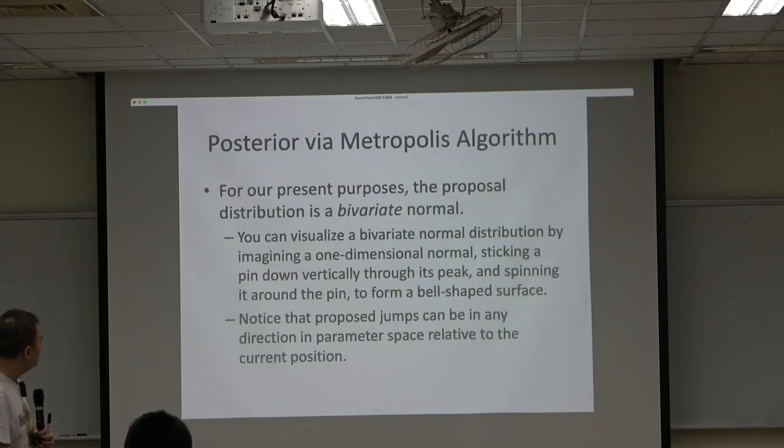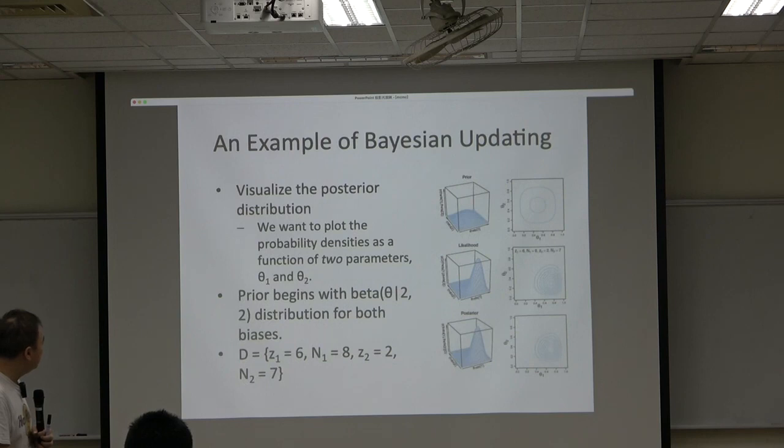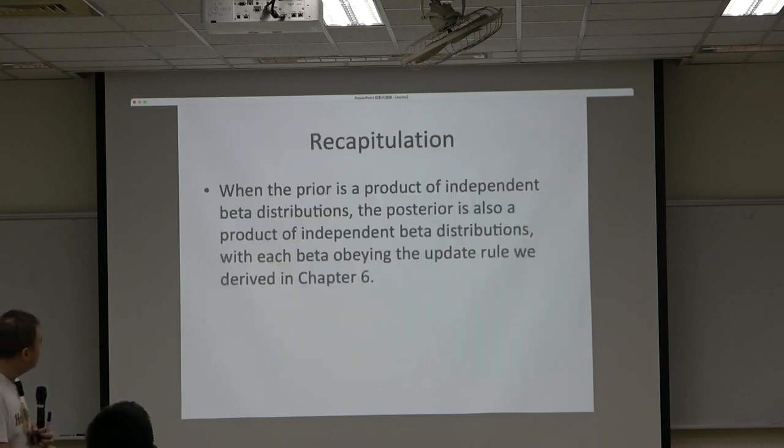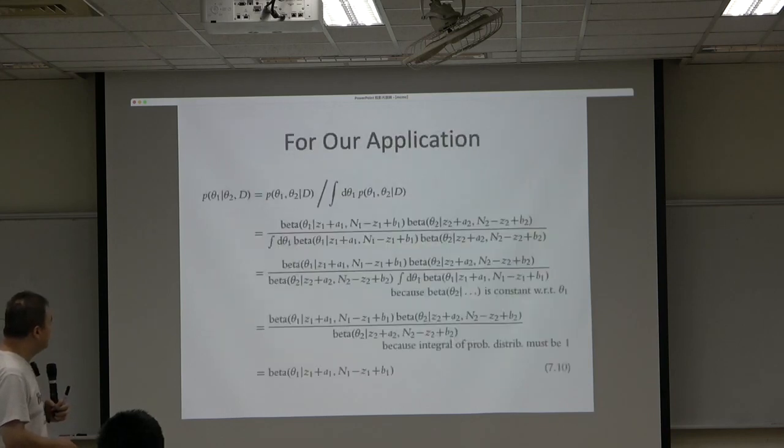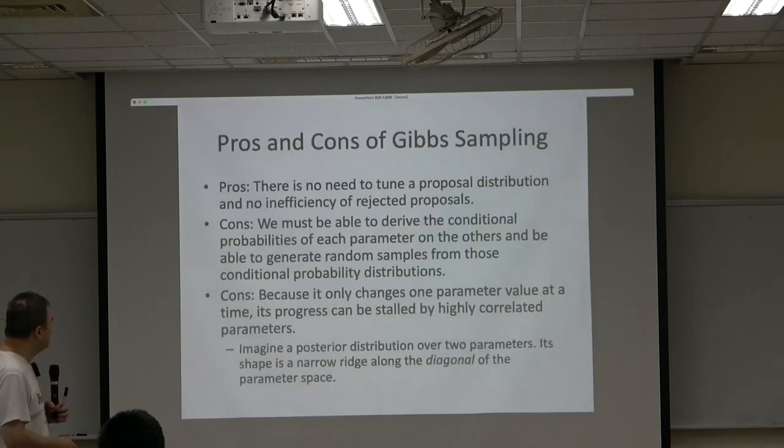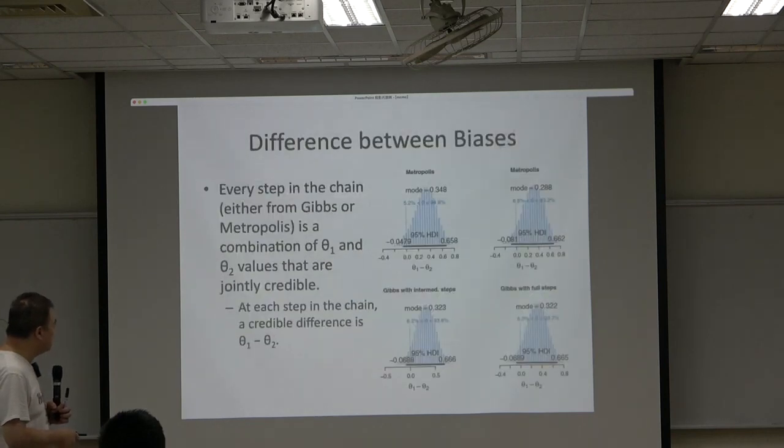This is one example that could have this issue when your parameters are highly correlated. Obviously Gibbs sampling is a lot of stuff to cover, so I think I will skip that.